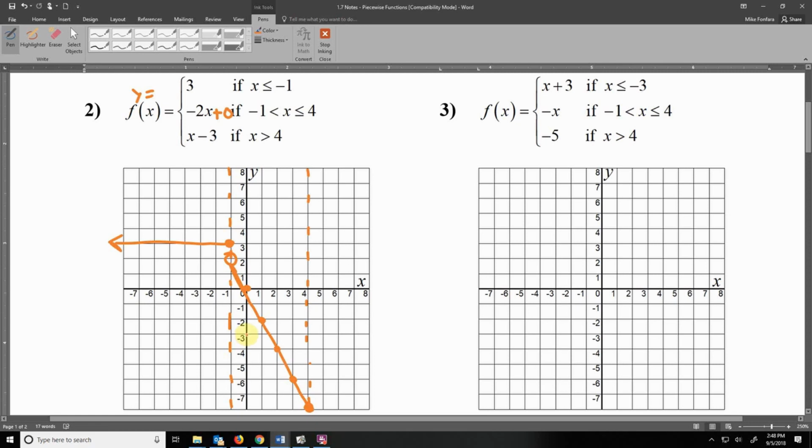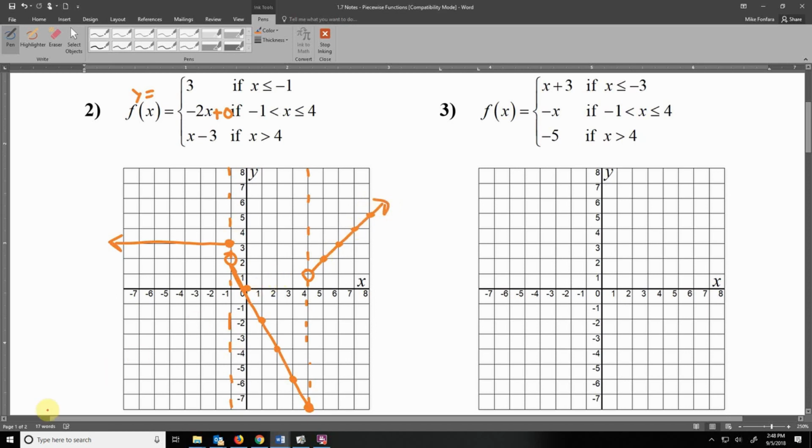So I'll follow the slope, which is up 1 and right 1, and again, and again, and again, and now I'm at that boundary where it says greater than but not equal to. Right there on the boundary it is open because it is not equal to. And then I continue up 1, over 1, and that is the third part of this function.